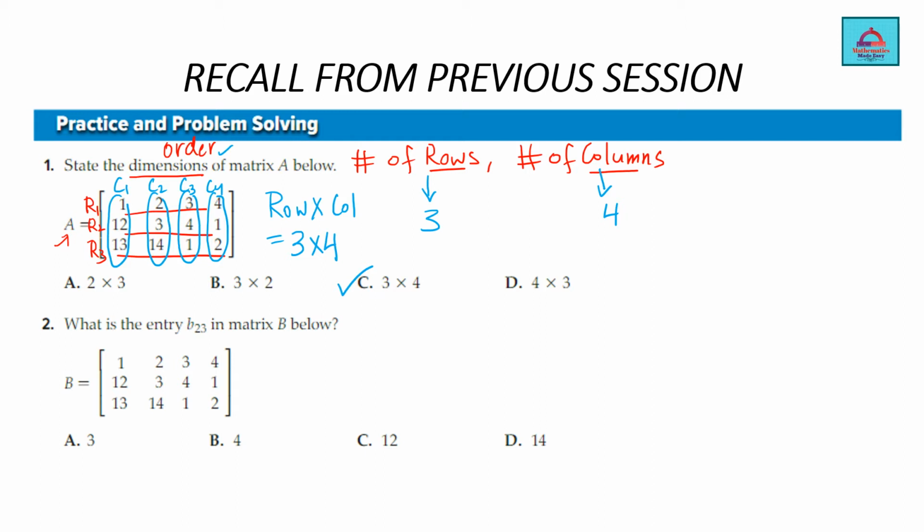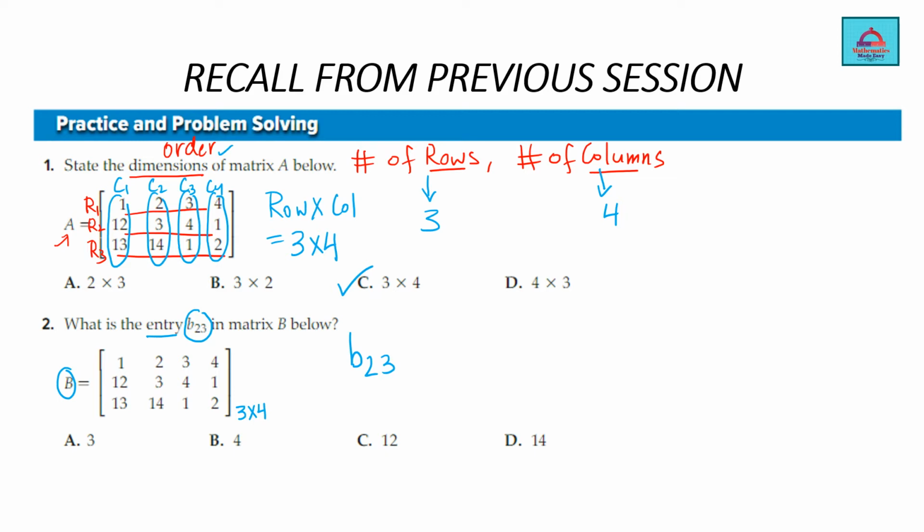Okay, let's do one more. What is the entry or the element B23? When I say B23, this is capital matrix B given to you. Again, it's a rectangular arrangement. Let's see rows and columns. 1, 2, 3 rows, 1, 2, 3, 4 columns. So this is a 3 cross 4 matrix, just for your information.